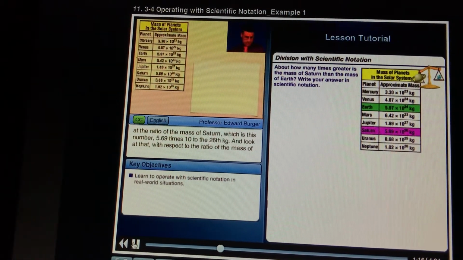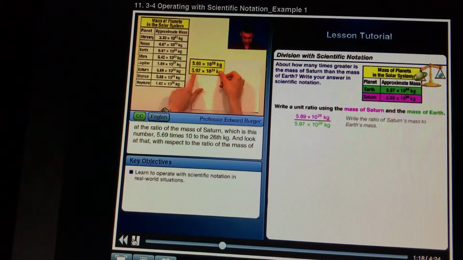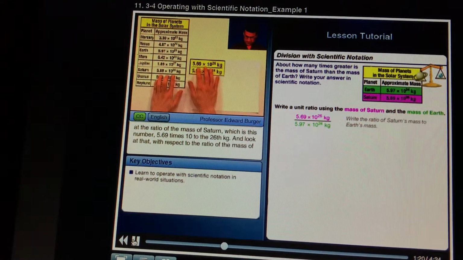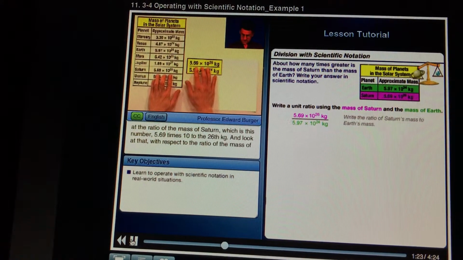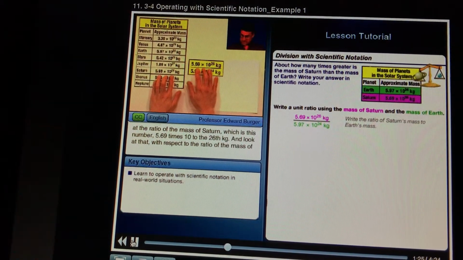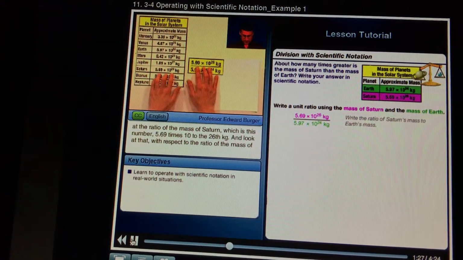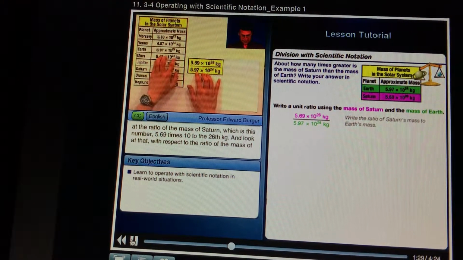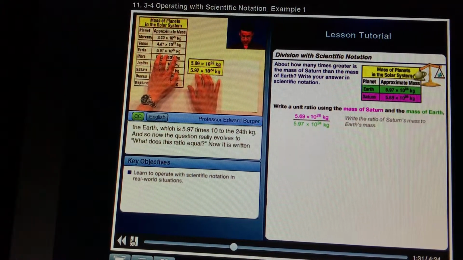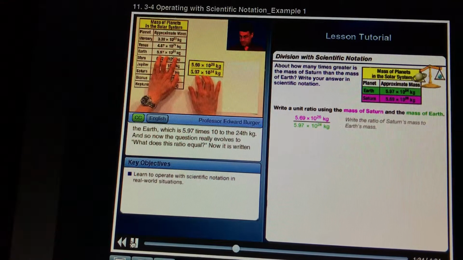We want to look at the ratio of the mass of Saturn, which is 5.69 times 10 to the 26 kilograms, with respect to the mass of the Earth, which is 5.97 times 10 to the 24th kilograms.